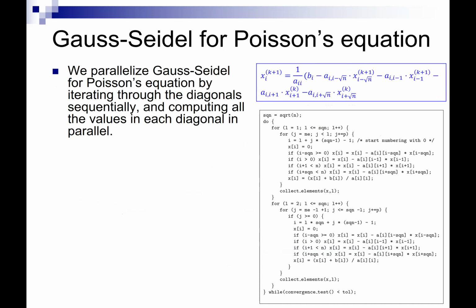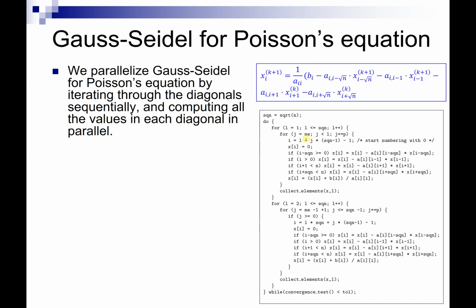Now we can parallelize this. Since we have these two phases, when the diagonals get bigger and then smaller, we split that up into two for loops. The first for loop is for when the diagonals are getting larger.